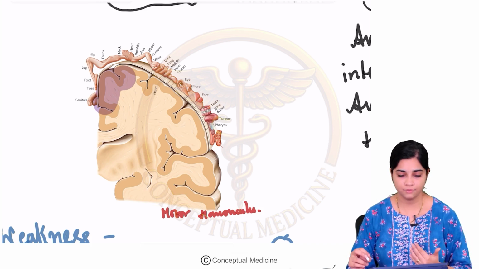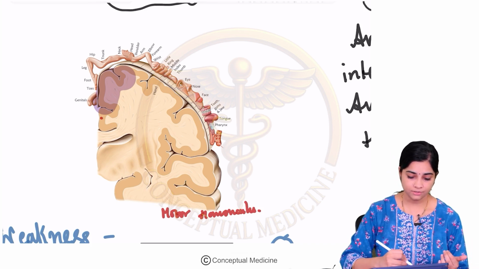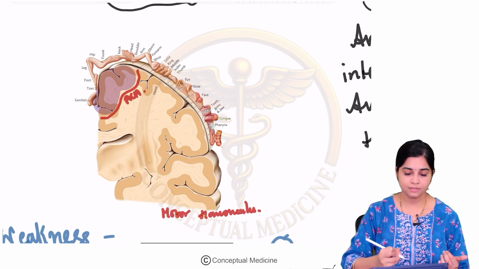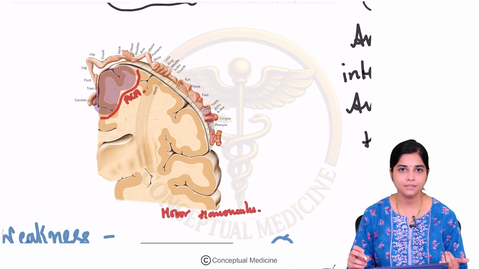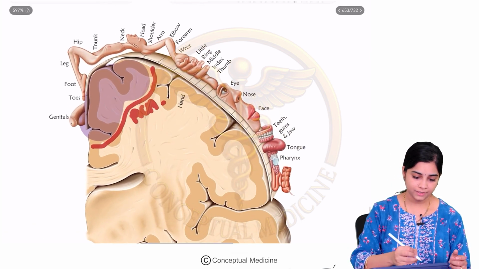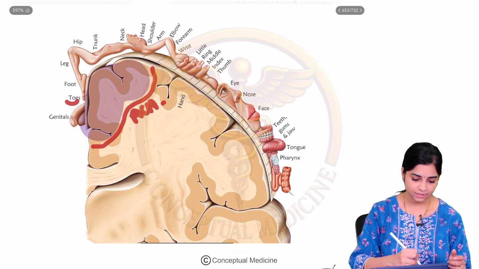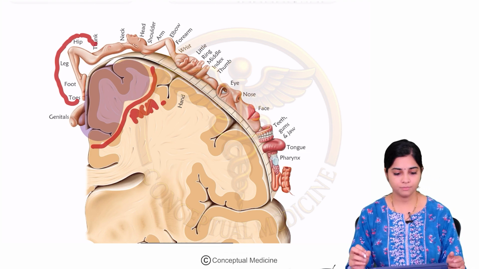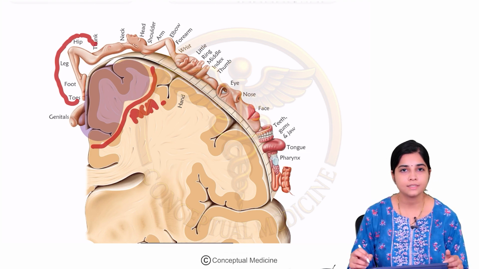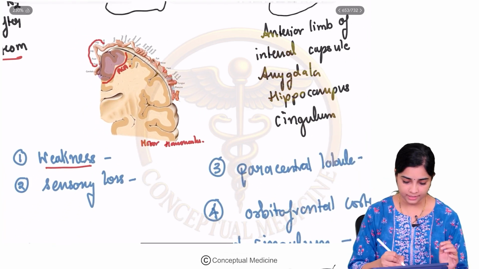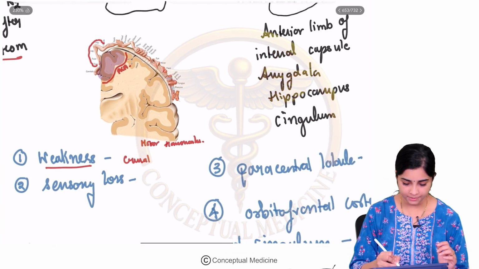On the coronal section of the brain, what is highlighted is your ACA territory supply. This is the area supplied by the anterior cerebral artery. If there is an infarct, which part is going to get affected? It is predominantly, as you can see here, one limb, and this is what we call crural monoparesis.